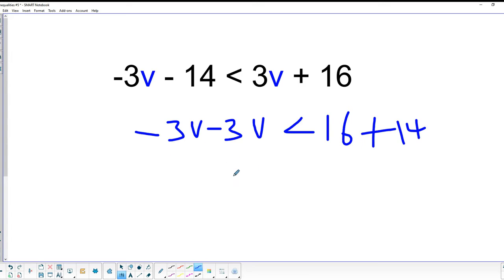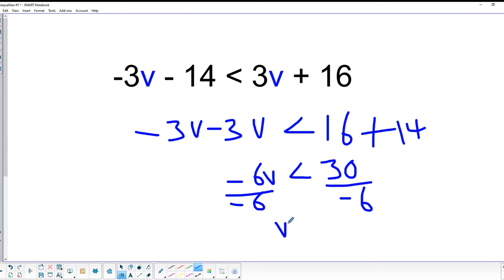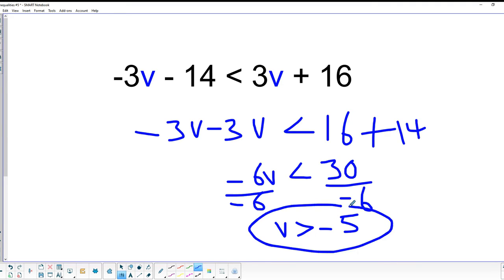So 3 and 3, both negatives, negative 6v is less than 30. So when we divide both sides by negative 6, we end up with v is greater than negative 5 because the inequality symbol flips around.